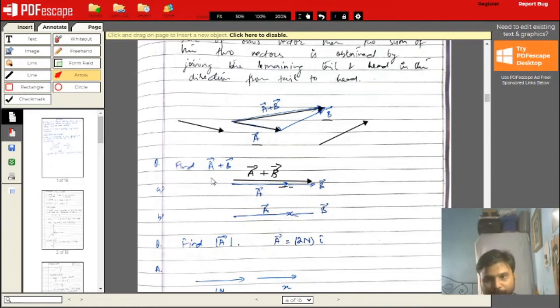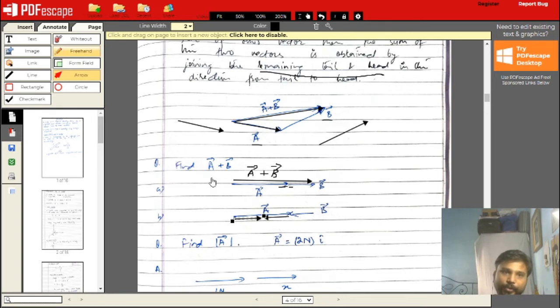So we shifted B vector in such a way that the tail of B lies on top of head of A. So thus repeating that statement, the tail of B must lie on the head of A so that we can join the remaining tail and head as was written here. Remaining tail and head is to be joined in the direction from tail to head. So we have joined remaining tail with remaining head. So this is A plus B, which we wanted.